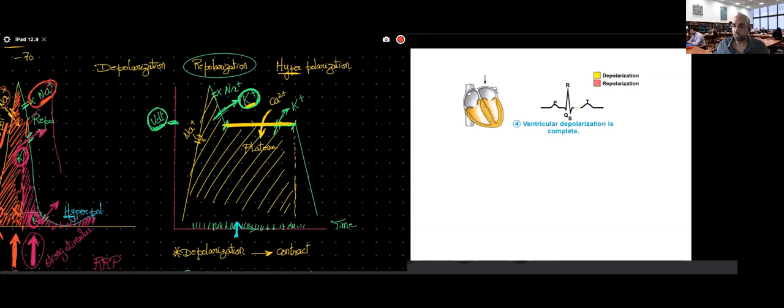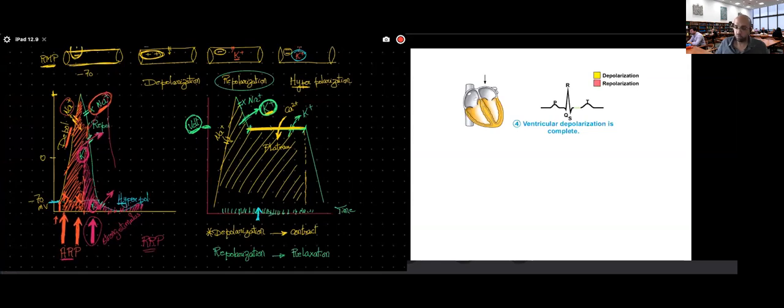So again, what did I do here? What is the major difference between a nerve cell in terms of action potential and a cardiac muscle cell? A cardiac muscle cell has a prolonged repolarization phase. It takes more time during repolarization.